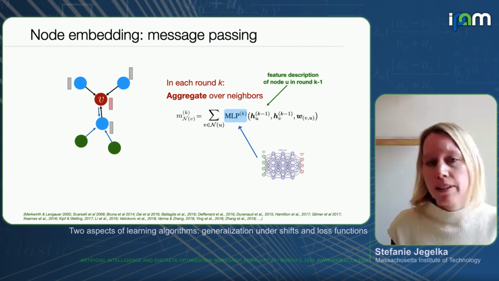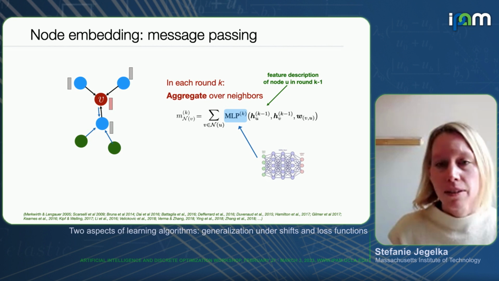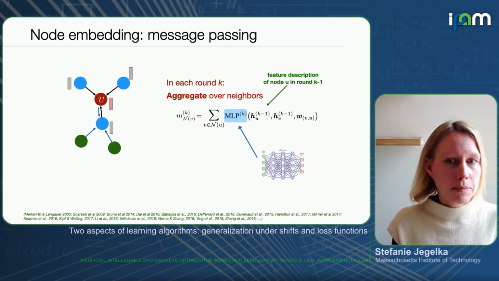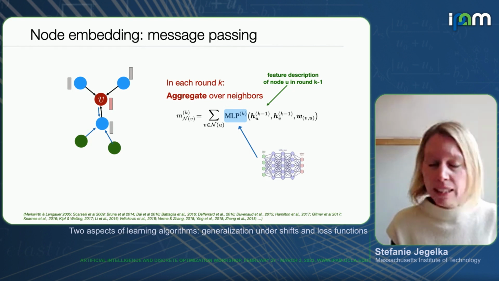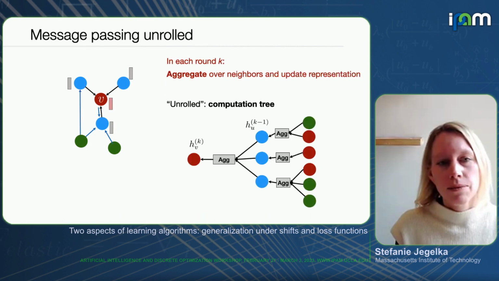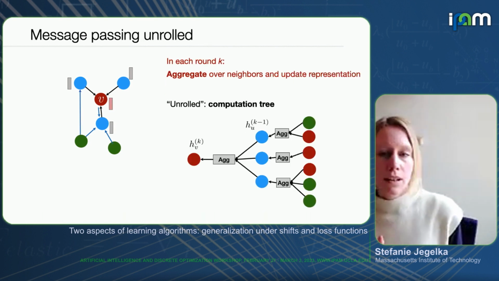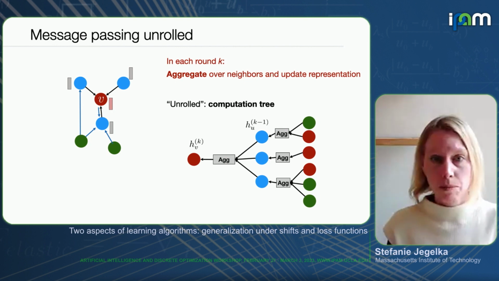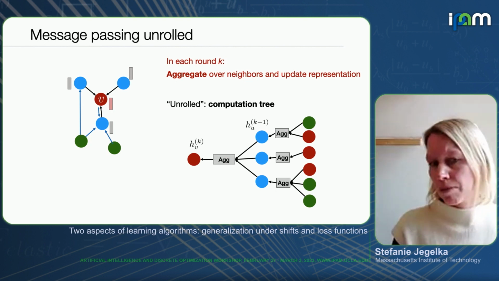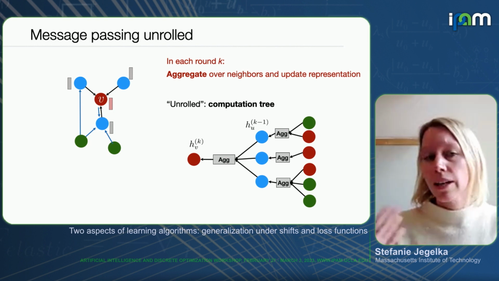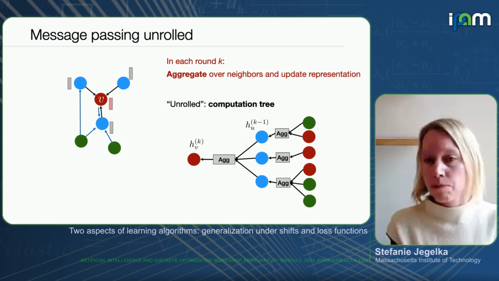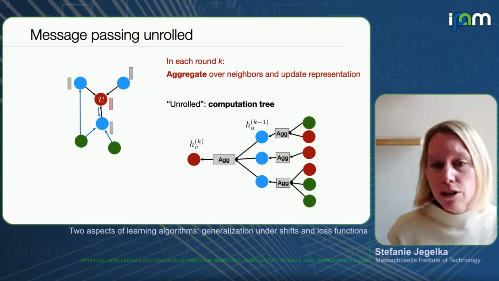And then the update could be just something like a weighted combination in a fancified form. So that's my model. That's the graph neural network. It's really a learned message passing algorithm. And the way I will mostly view this is by unrolling this message passing operation, so it looks like a computation tree. So going back to the representation of this red node, the red node gets information from the blue nodes and processes it via this aggregation function.